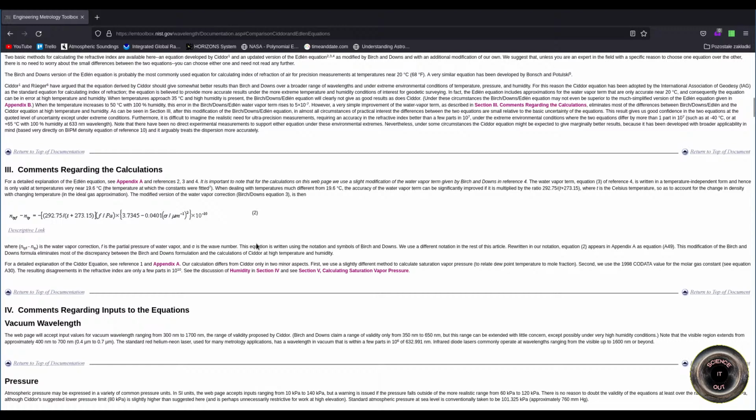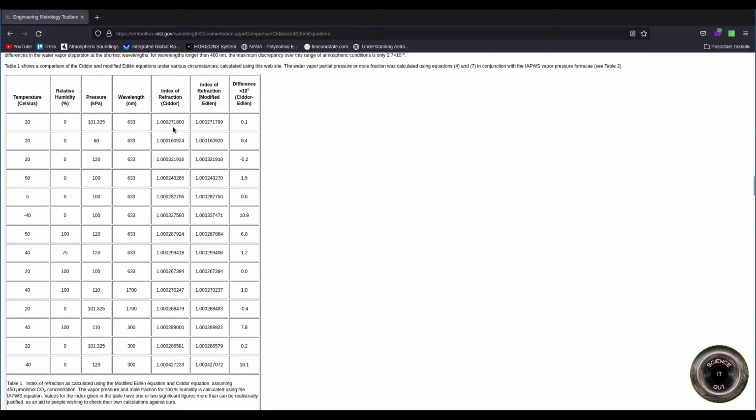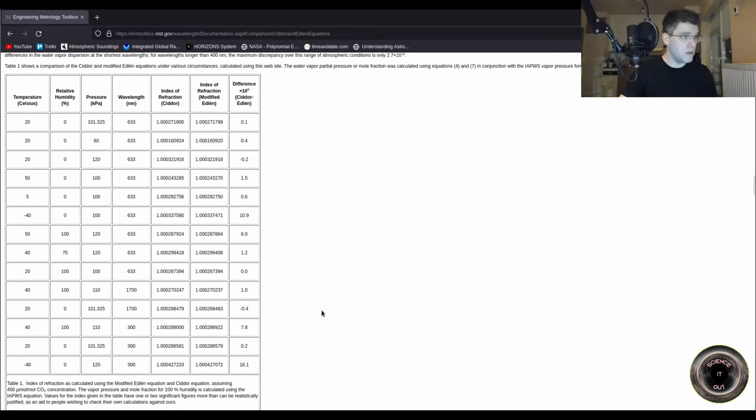I think Sidor equation is newer and more accurate, but if you look at this table, you can see that the differences are pretty much negligible between Edlen and Sidor. So it really doesn't matter much which one is chosen. I chose modified Edlen because it seemed simpler. I don't think it's actually that much simpler, but still, that's what I'm using.